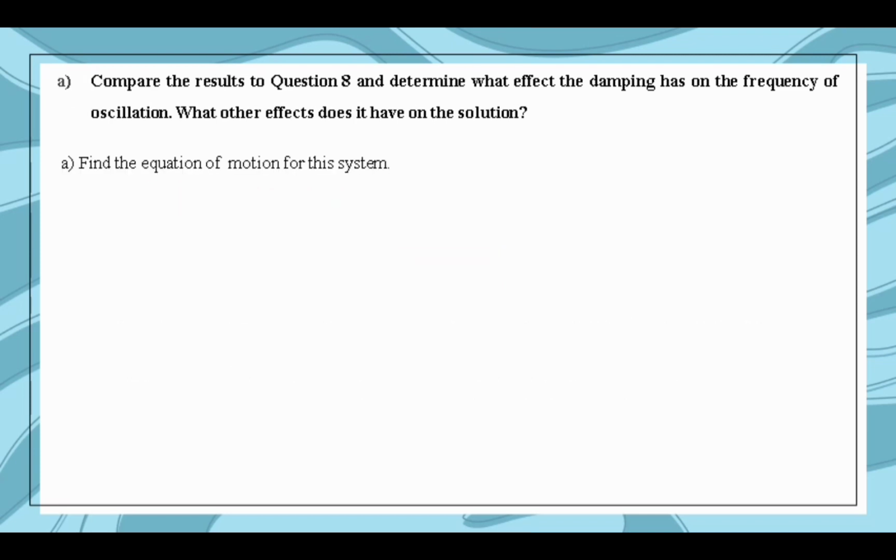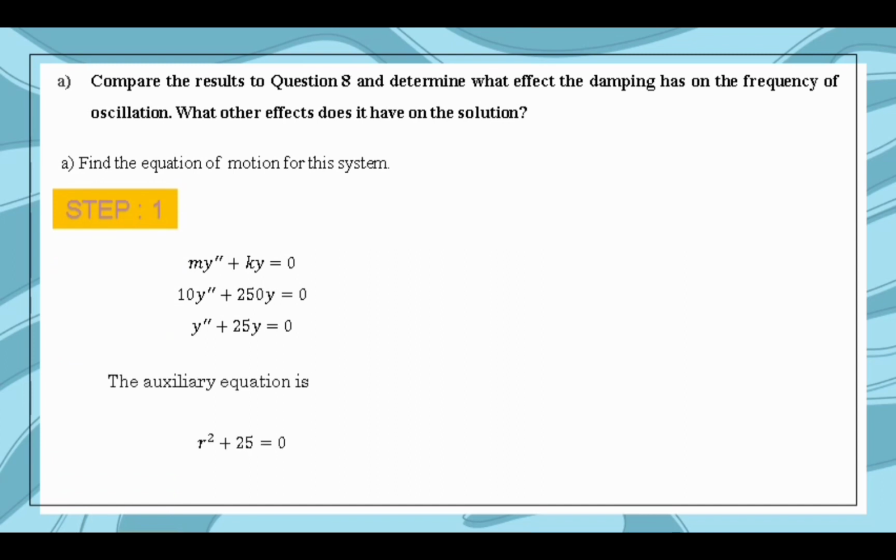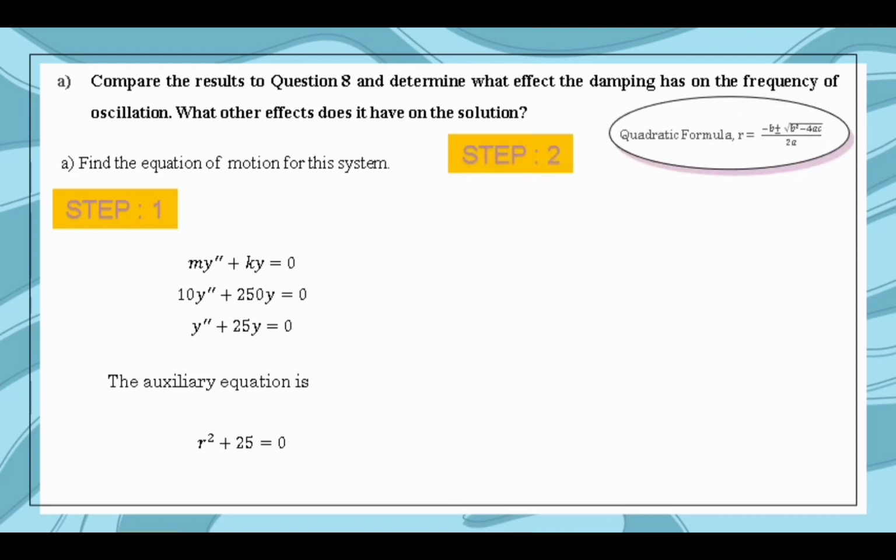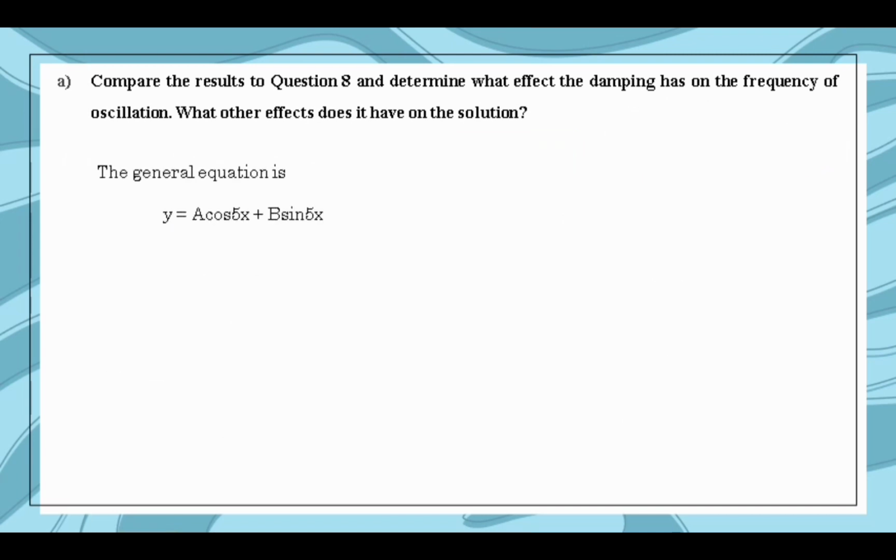To find the equation of motion, the steps are similar to the calculation of the original question. First, we need to substitute all the information into the differential equation, change it to the auxiliary equation, and then use the quadratic formula to find the roots. Next, the general equation is y equals a cos 5x plus b sin 5x.